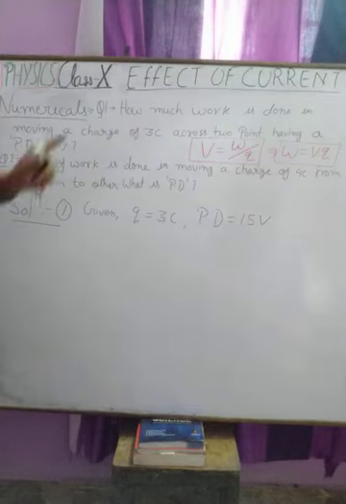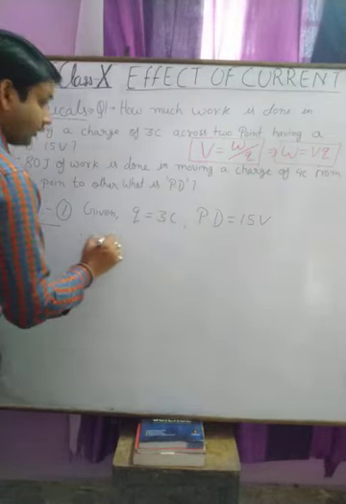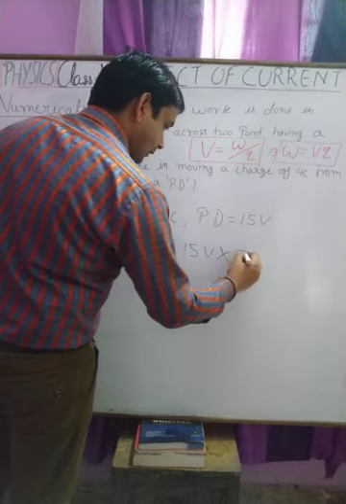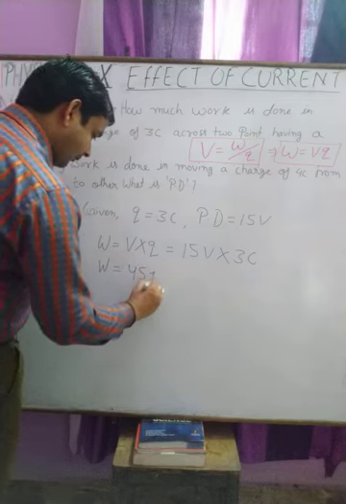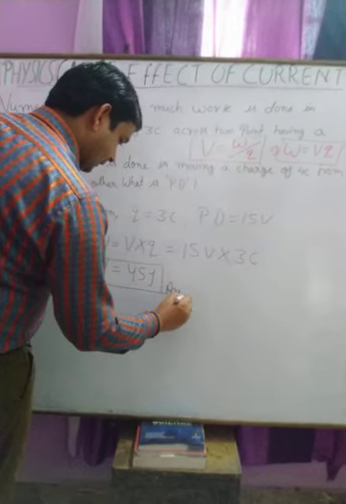Now we have the formula, therefore work done in moving the charge between the 2 points is given by V into Q, that is 15 volt into 3 coulomb. On solving we get the result W is equal to 45 joule. This is the first answer.